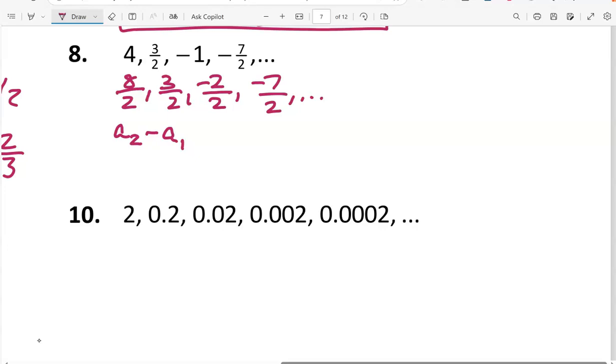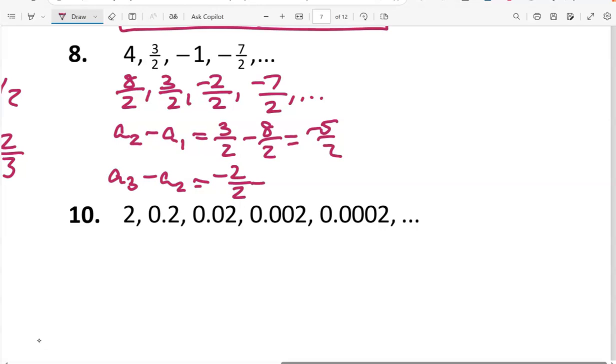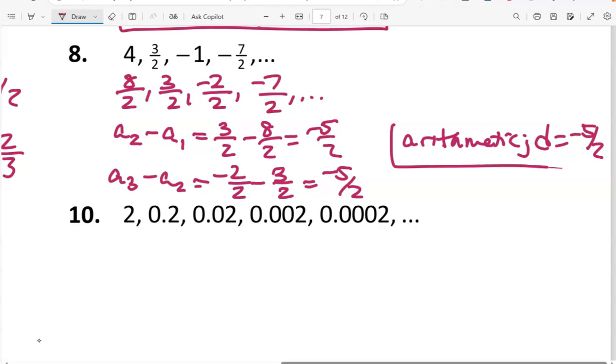A sub 2 minus a sub 1 is 3 halves minus 8 halves, which is negative 5 halves, and a sub 3 minus a sub 2 is negative 2 halves minus 3 halves, which is also negative 5 halves, and we can do this for any pair of terms. And so this is an arithmetic sequence with a common difference of negative 5 halves.